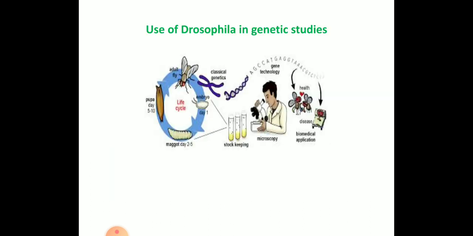Now we are going to discuss the use of Drosophila in genetic studies. We all know the black flies which sit on fruits; usually they are called fruit flies, and the scientific name is Drosophila melanogaster. Already I have discussed why Gregor Mendel used the pea plant.